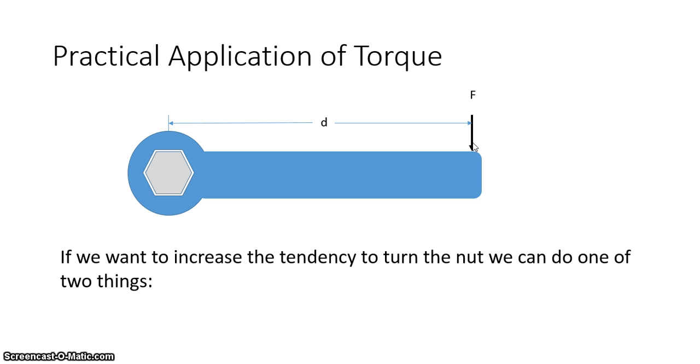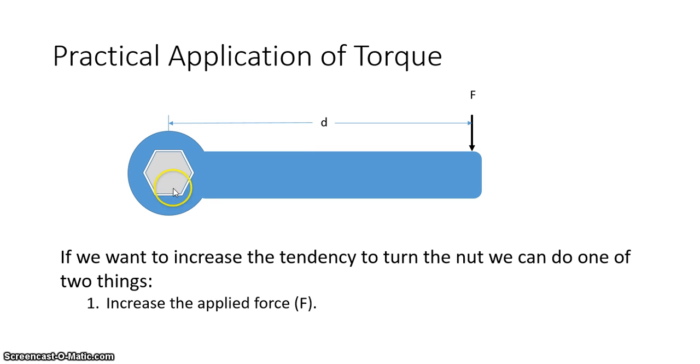If I want to increase the torque on this nut here, there's two things I can do. I can either increase the force that's being applied here. Now, in many cases, that's not feasible. Let's say if you're trying to take the nut off of a tire, that may not be feasible.